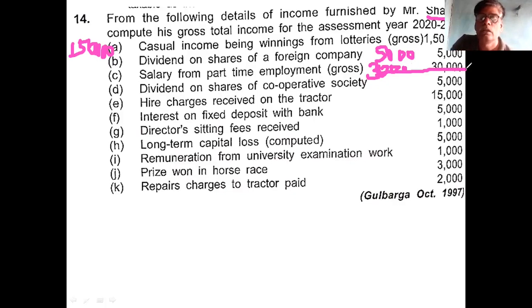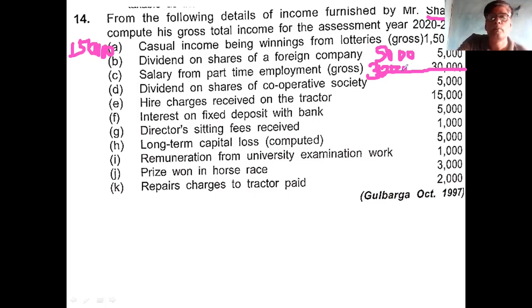Remember this. In the book, the answer is different. In the book, they may not have given the deduction under section 16 subsection 1, but you give deduction under section 16 subsection 1. Remember this point. Don't try to tally the answer.